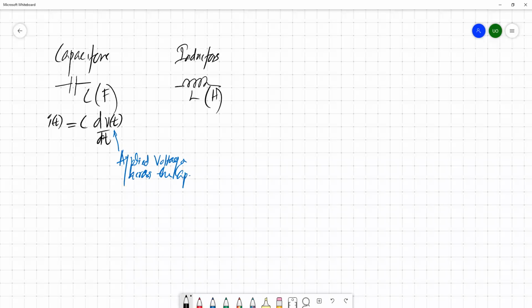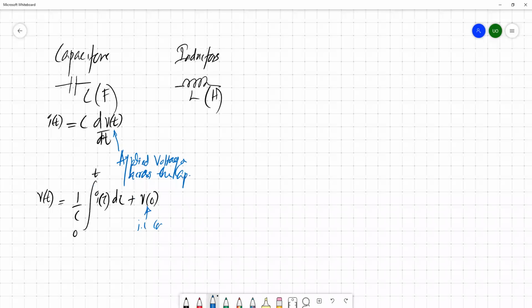From this, you can extract an expression for the voltage. v(t), the actual voltage appearing across the capacitor, is 1 over C, the integral from 0 to t of i(tau) d tau, plus V0. This is the initial condition of the capacitor.